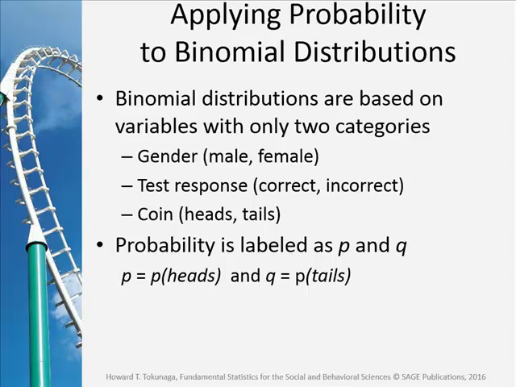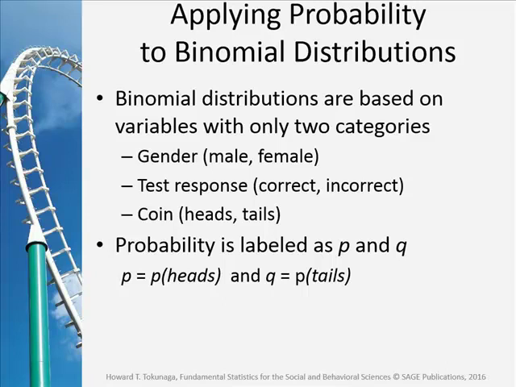So binomial, bi, B-I, 2, nomial, kind of like nominal, right? Binomial distributions have only 2 categories. They are dummy variables, our light switches, where you're either on or you're off. Let's stick with the coin, heads and tails.